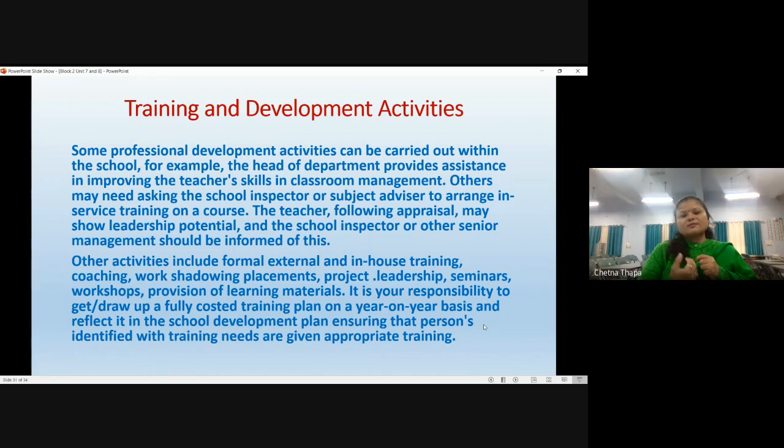Afterwards, when the training is given to the required staff members, you have to see to it that the training is reflected in the school development plan also, that the individual is identified and training needs are given appropriate training. Whatever the needs are, according to their requirements, the trainings are provided to the staff.